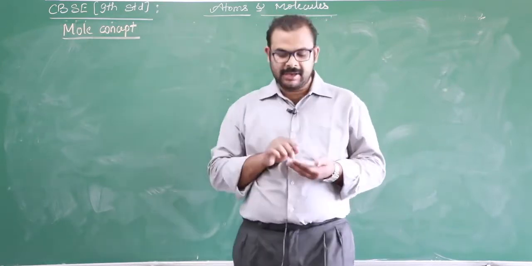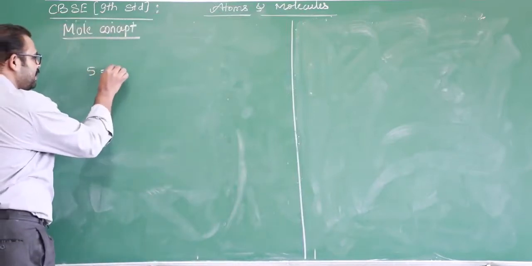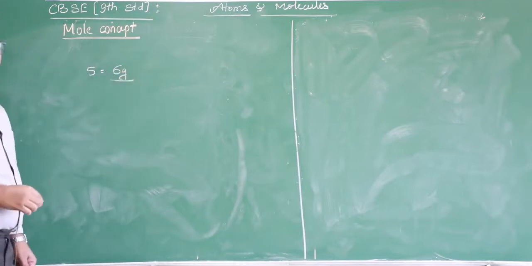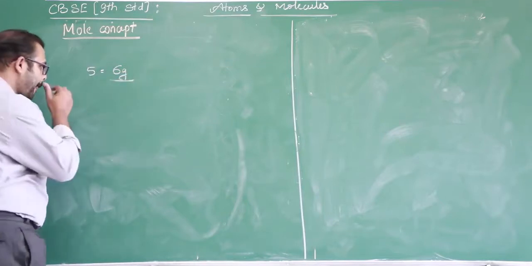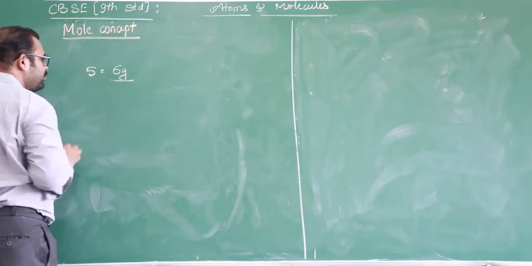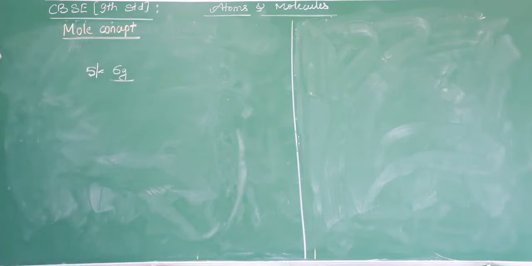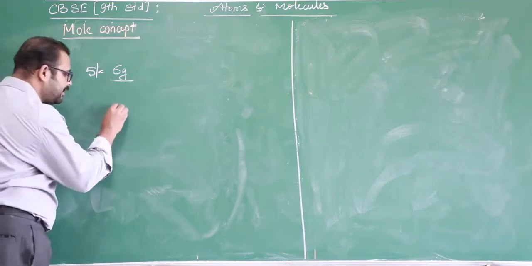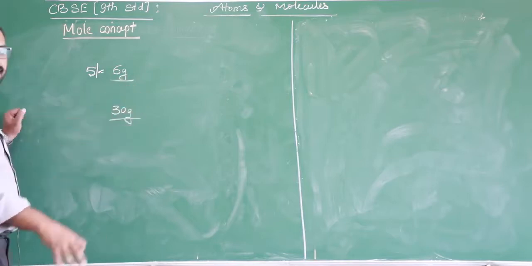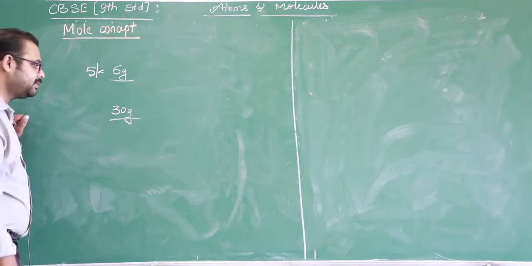For example, if you take 5 rupee coins, one 5 rupee coin has a weight of about 6 gram. Say a person gives some coins to a cashier, and the mass is around 30 gram.